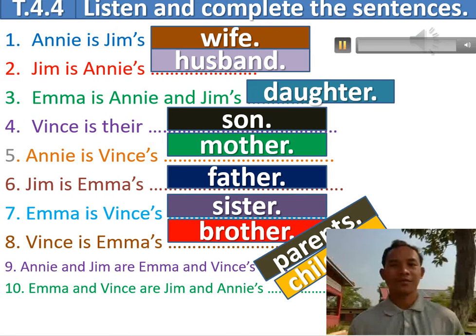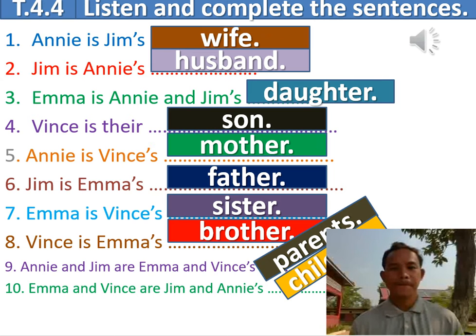Okay, let's go. Tape script 4.4. 1. Annie is Jim's wife. 2. Jim is Annie's husband. 3. Emma is Annie and Jim's daughter. 4. Vin is their son. 5.